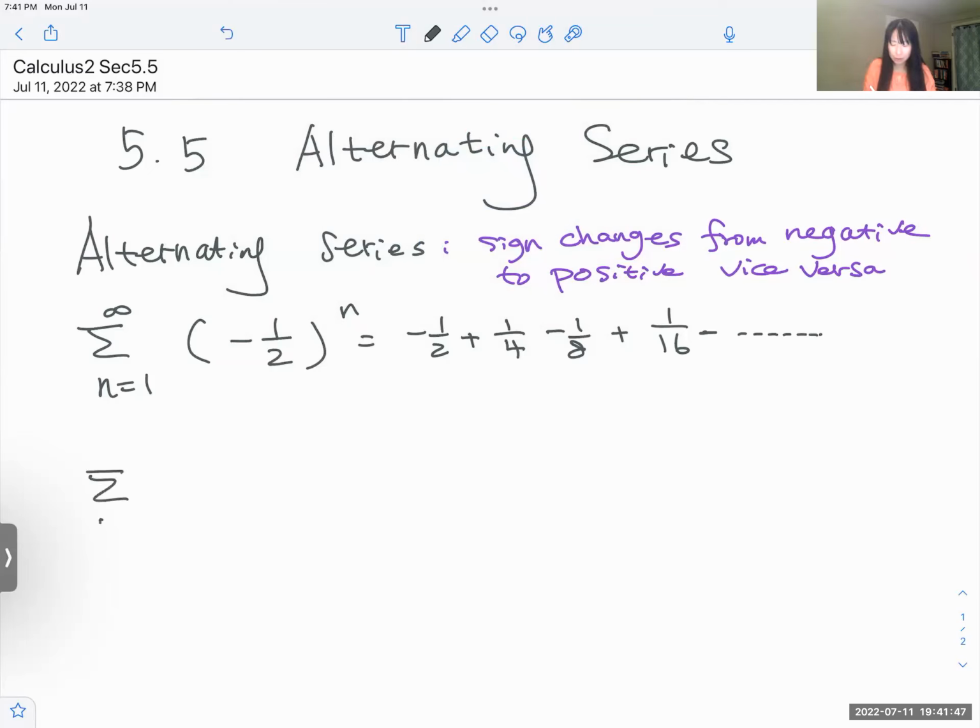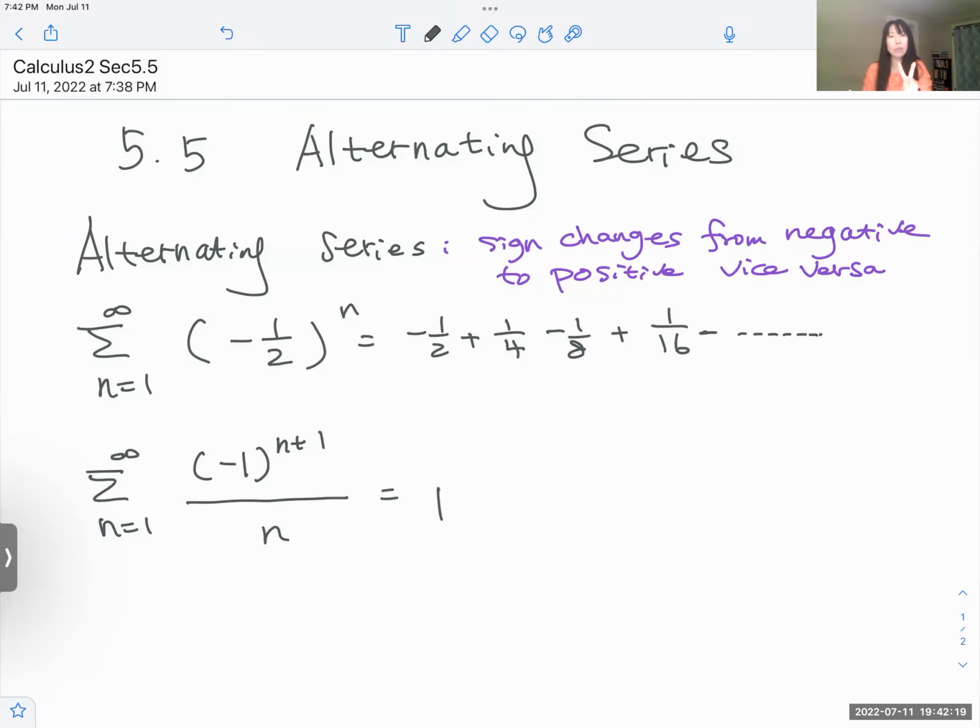So we have a series from n equal to 1 to positive infinity of negative 1 to the n plus 1 over n. So when n equal to 1, that's positive, so it's 1.